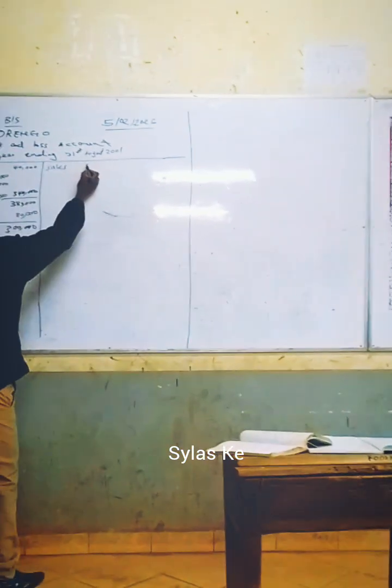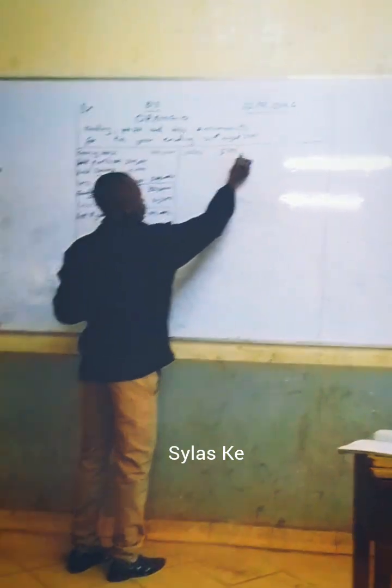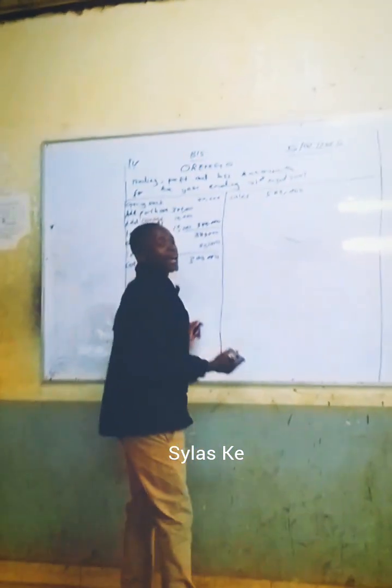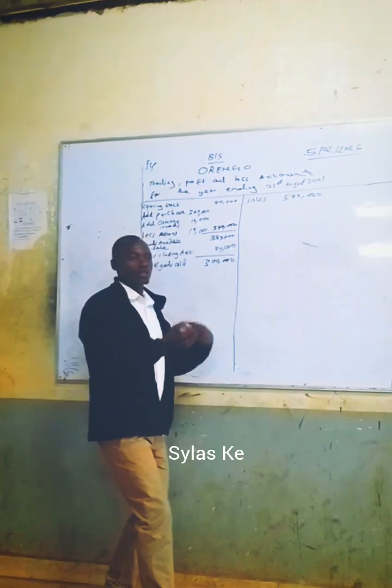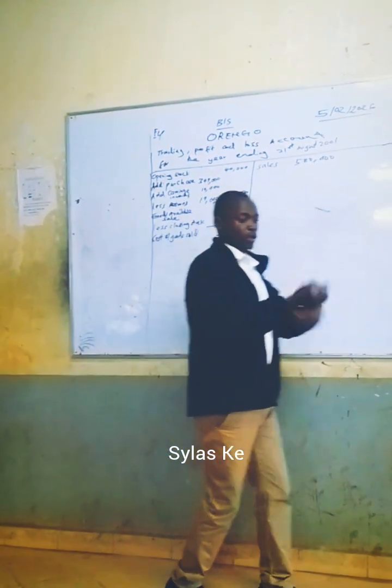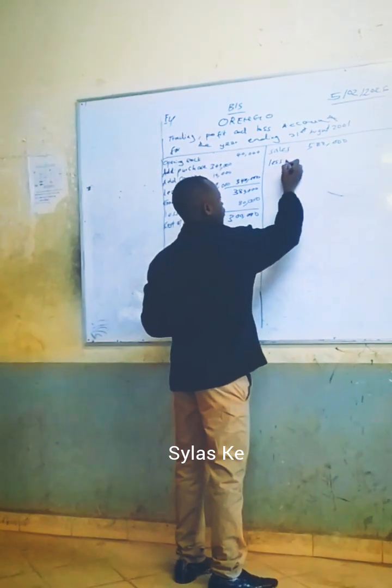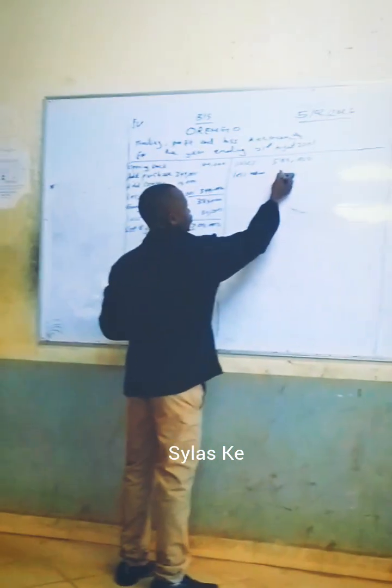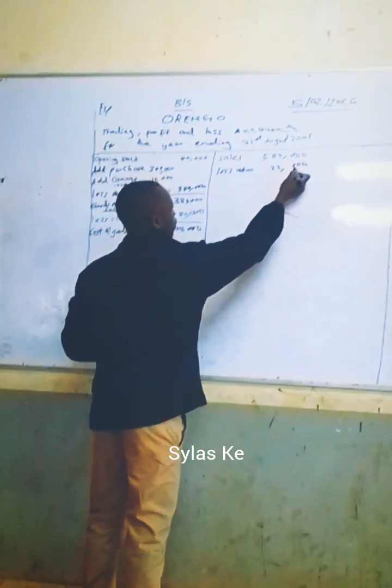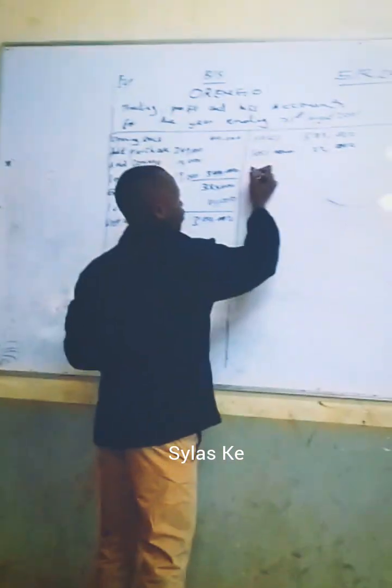Is there any returns inward on the debit side? Yes, 22,000. Less returns in, 22,000.